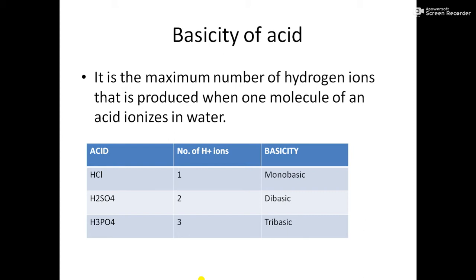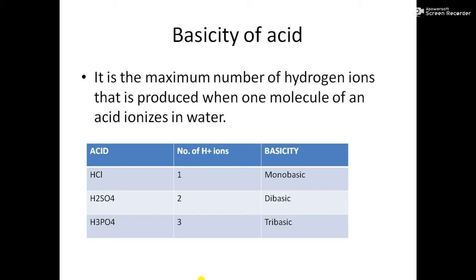Look at acid number 2, sulfuric acid, H2SO4. Here what is the number of hydrogen ions? 2. Because the maximum number of hydrogen ions is 2, it is called dibasic; di means 2. Now come to the third acid, phosphoric acid, H3PO4.